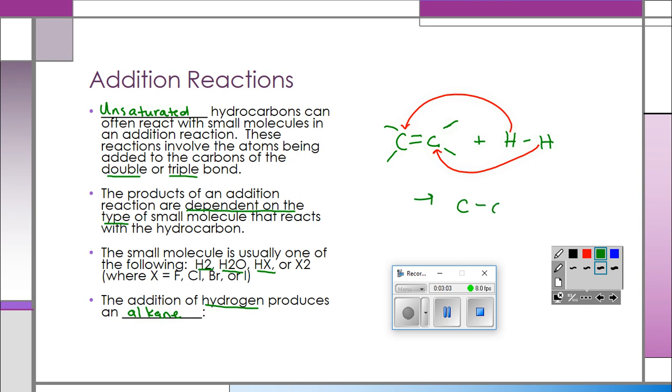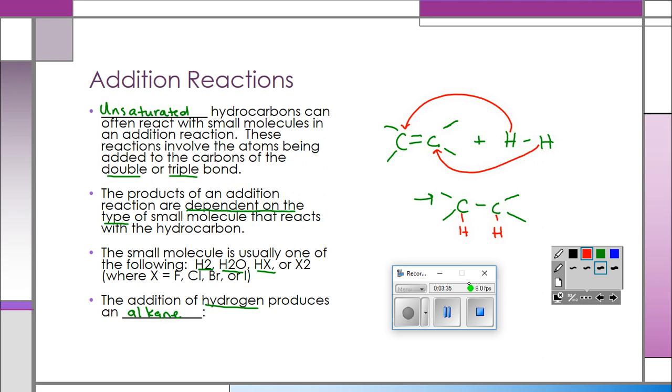Well, I get two carbons that are connected by a single bond. They each have whatever was attached to them before, plus this extra hydrogen that I just attached to each of them. So in an addition reaction, the common thing that will happen is that there will have been a double bond. The double bond will get broken so that we can add another atom to each carbon that was part of the double bond.